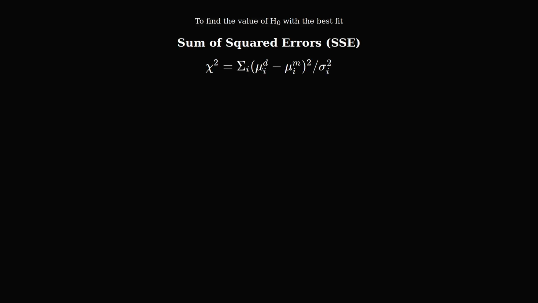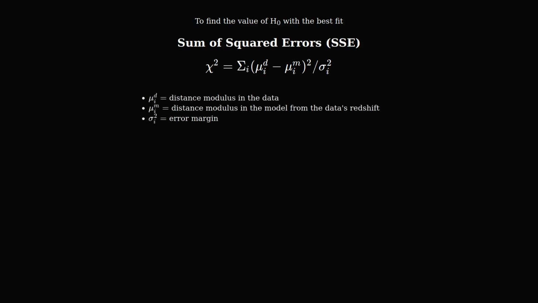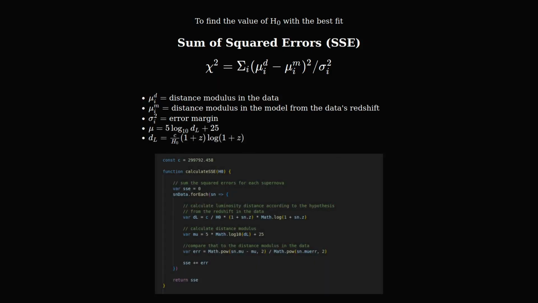To find the best fit, the best value to use for Hubble's constant, we can take the sum of squared errors for all the data. So that's basically the distance modulus in the data minus the distance modulus from the model based on the data's redshift. And here are formulas for that. And here is a JavaScript function which will calculate this, and you just have to pass it a value for Hubble's constant, H sub 0.